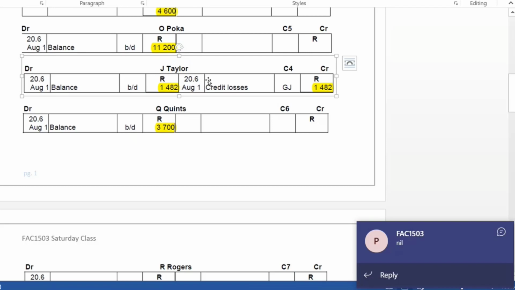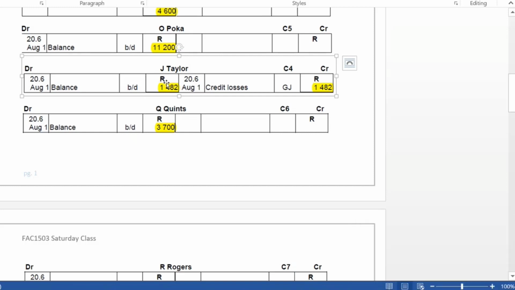Well done, guys. The answer is nil. Why are we saying the answer is nil? The answer is nil because J Taylor had a balance of 1482 owing, and this was written off on the credit side, 1482.